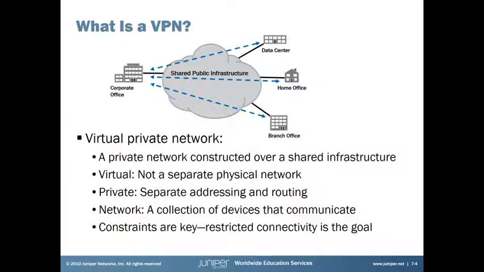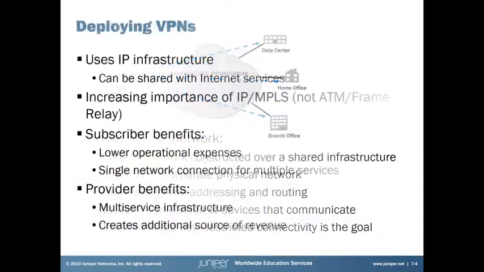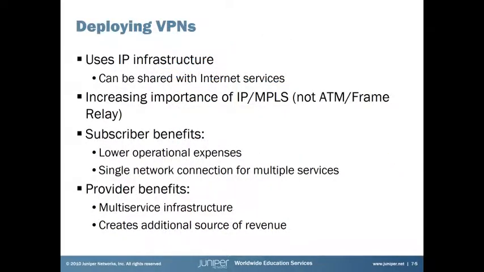So constraints, it's all about providing restricted connectivity. The only parties that are involved in this connectivity are the 2 endpoints that are requiring this connectivity. So ultimately, it becomes the customer sites that are involved and no one else. We're using IP infrastructure.